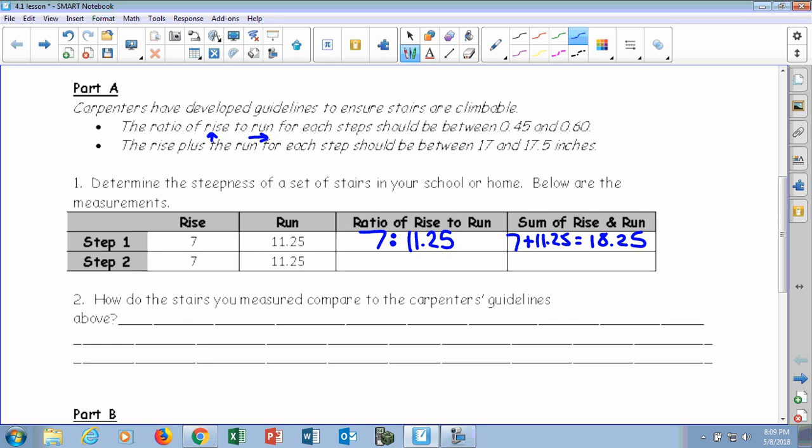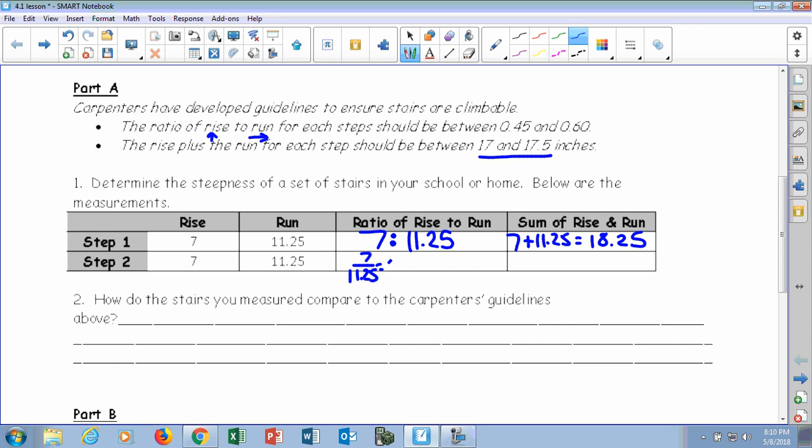Obviously, the sum of the rise and run, this number is a little bit bigger than the range of 17 to 17.5, right? Now, we can also find the ratio by taking 7 and dividing it into 11.25. If you have your calculators out, take 7 and divide it into 11.25 and tell me what you get.